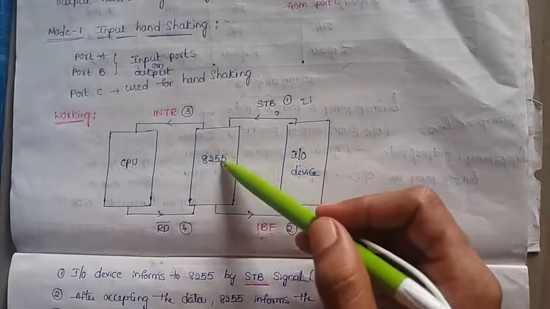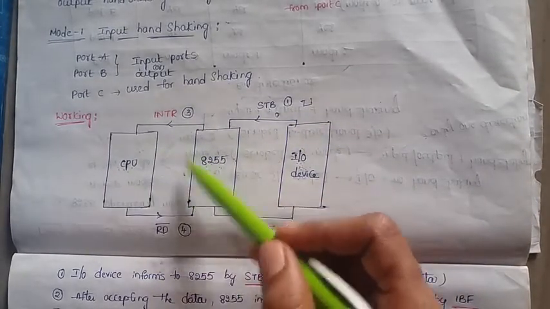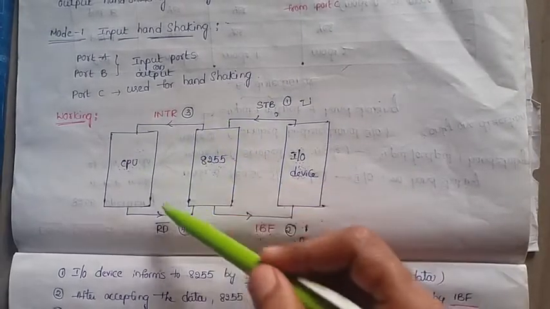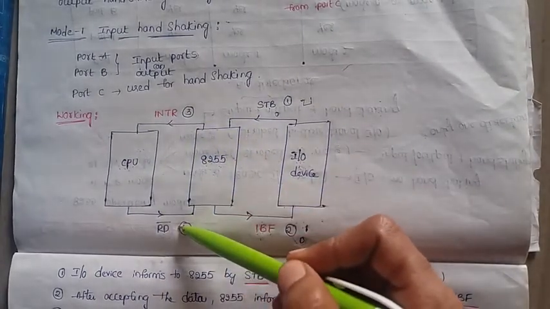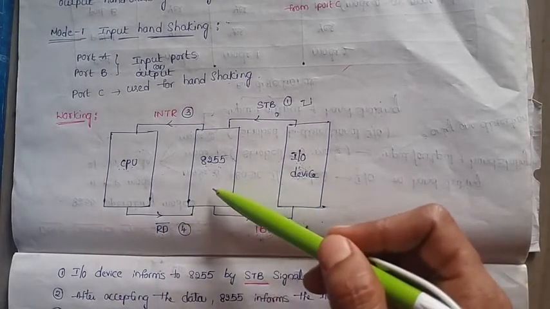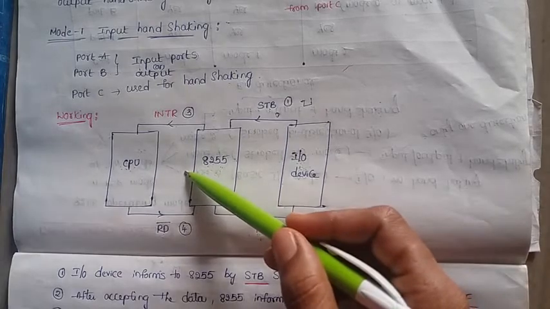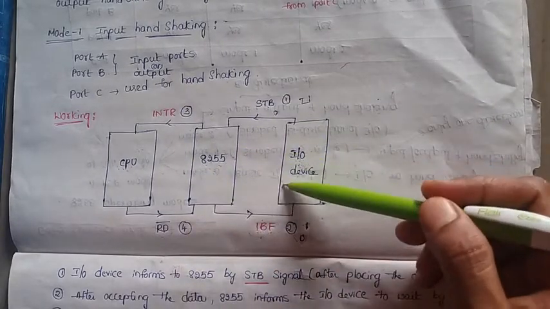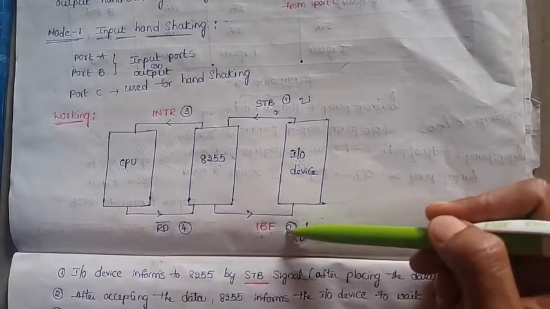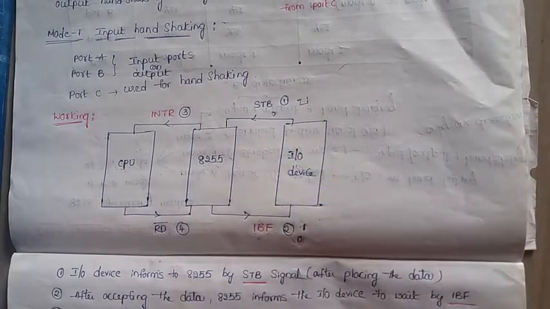Now 8255 interrupts the microprocessor through the INTR line. In response to the interrupt, the microprocessor issues the RD bar signal and reads the data. Now the data byte is transferred to the microprocessor. Then the IBF signal goes low and the peripheral can send more data in this sequence.